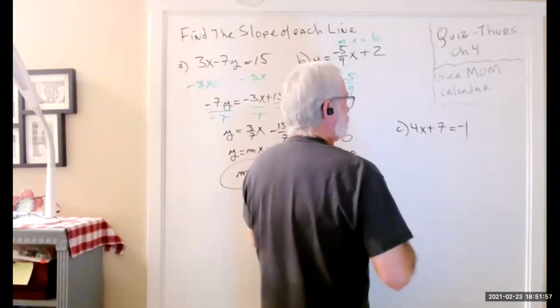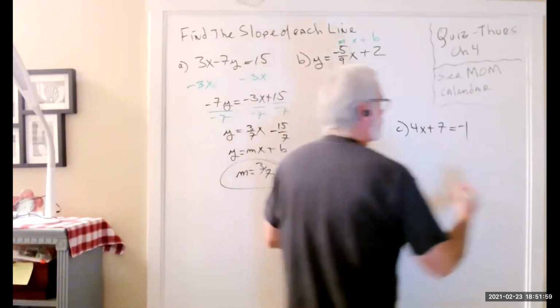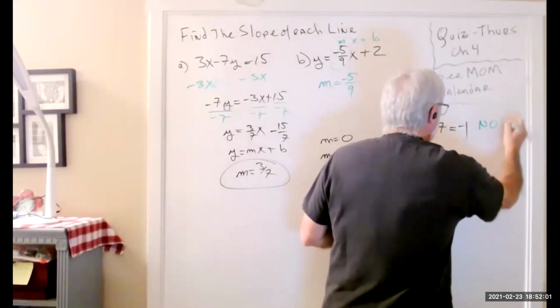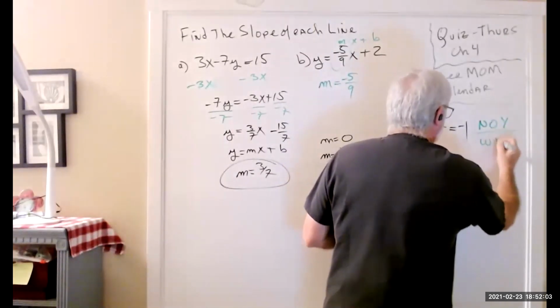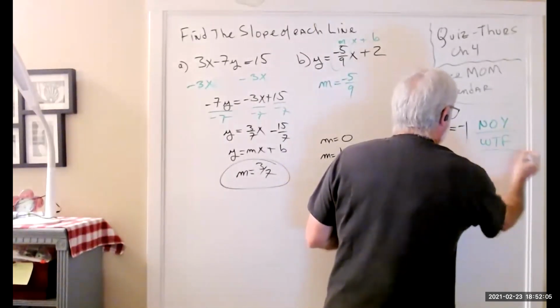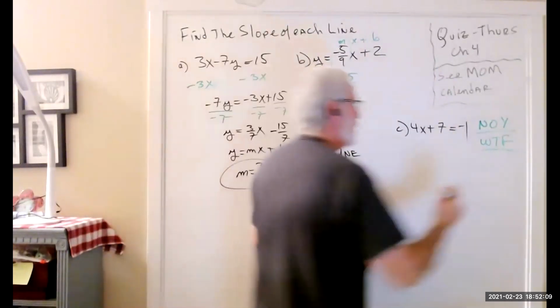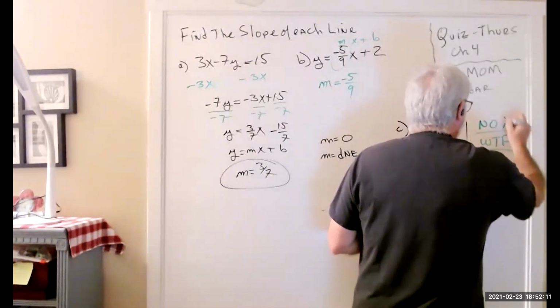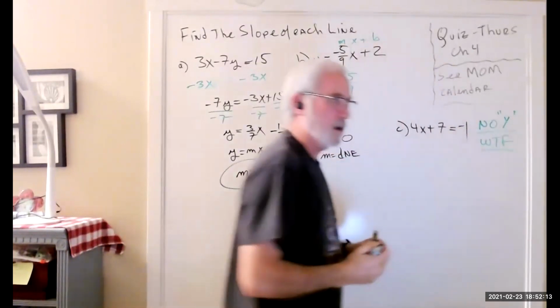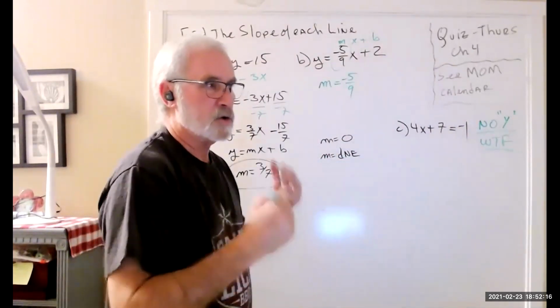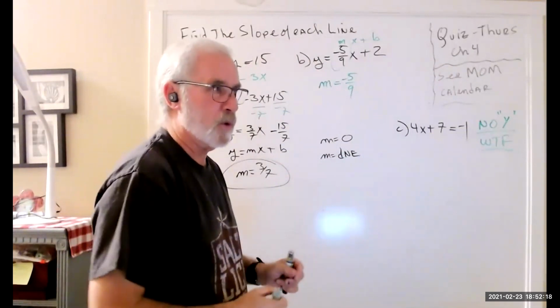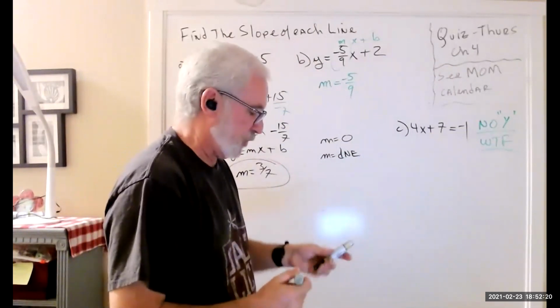First thing is, you should notice there's no y value, so it's a weird problem. And so you should be thinking, uh-oh, Foster's trying to trick me.